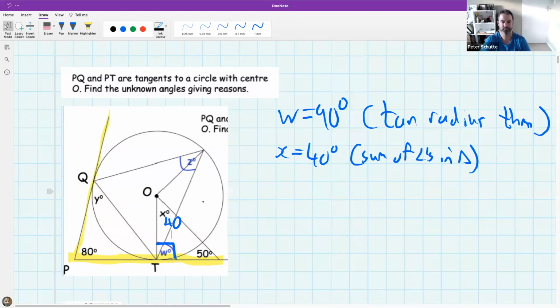Okay. We still need to work a bit harder to find Z and Y. So we've kind of worked out. So is Z equal to Y? I think you might be onto something there.